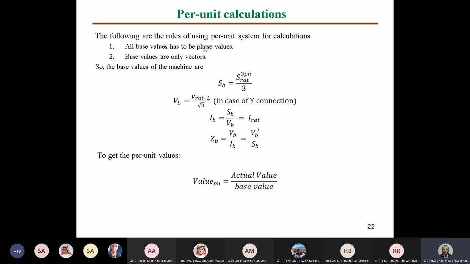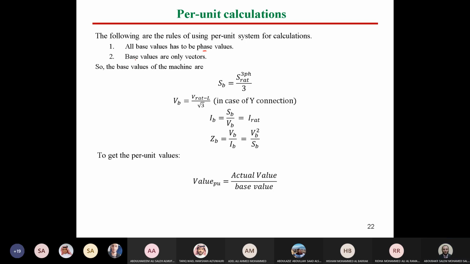You can say S base, which is the apparent power, equals S 3-phase rated value over 3. The base value all of the time is the rated value. So S 3-phase over 3 represents the base value of power.